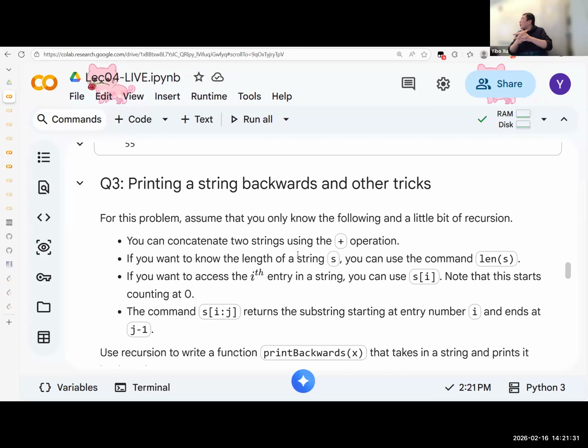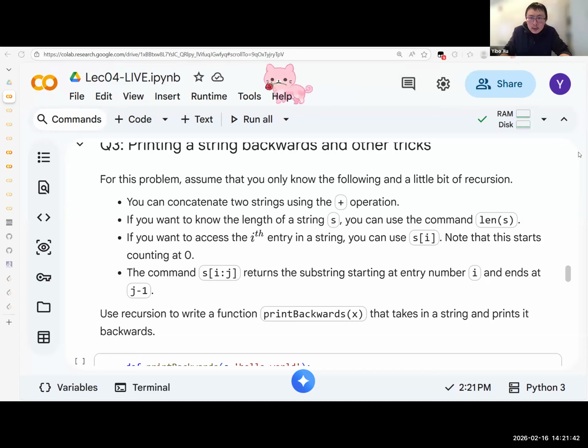This one is also playing with strings, and this is something I wrote during class from last time. Here is a quick introduction of some string manipulations: printing a string backwards and other tricks.